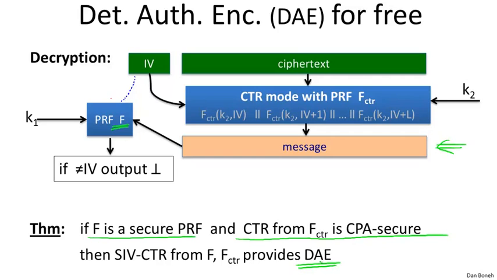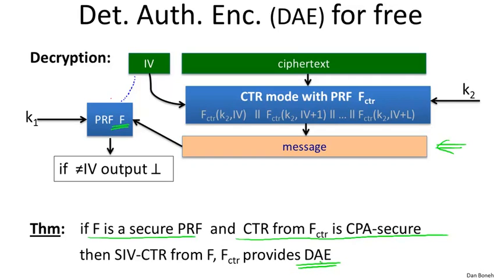Now, the proof for this is not too difficult. In two sentences, let me show you the rough intuition for why this is true. All we have to argue is ciphertext integrity, since we already argued before that the system has deterministic CPA security. So let's think again about how the ciphertext integrity game works.